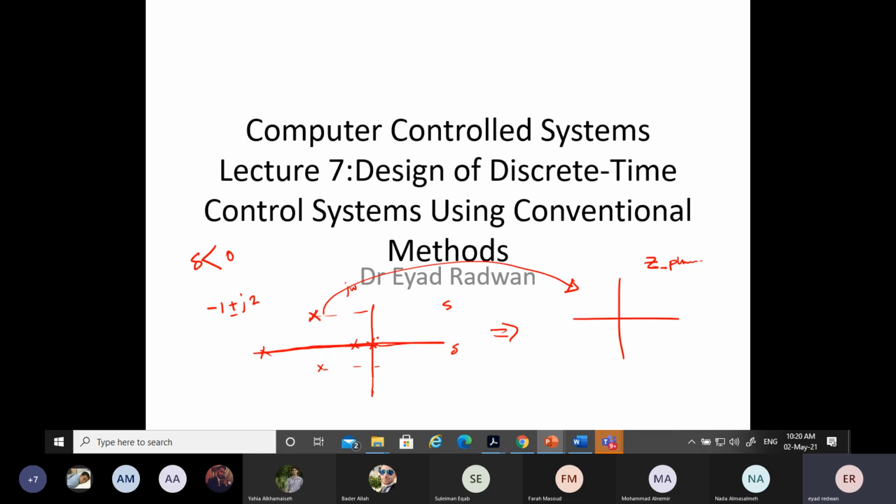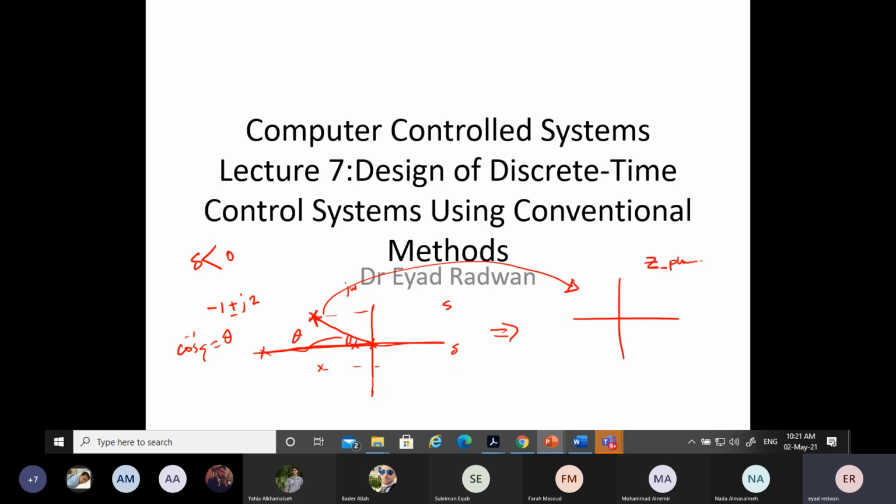We also studied that in the S domain, if I have these two poles of a second order system, the angle of this vector that I plot is related to zeta: cosine inverse zeta equals theta. So this angle theta is related to zeta, which is related to the damping of the system. So what does it mean when a pole is on the left side and has an angle zeta?